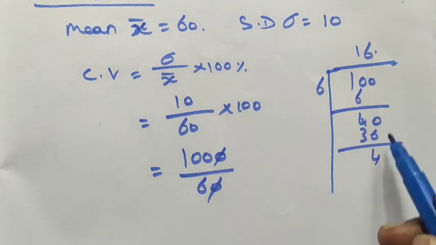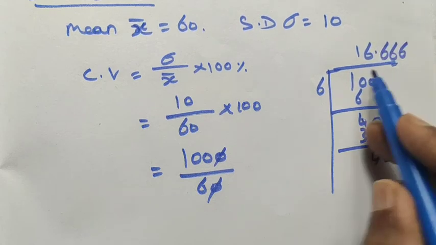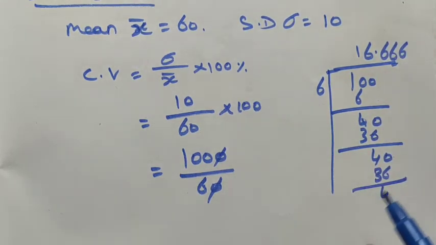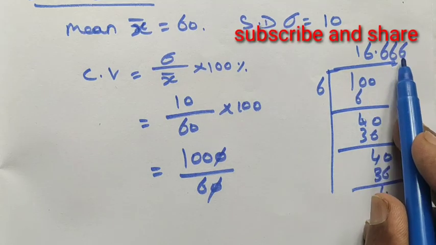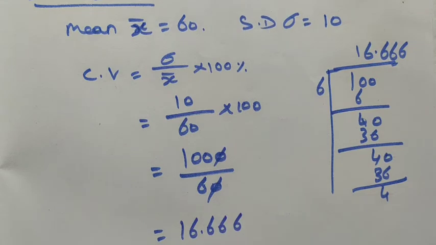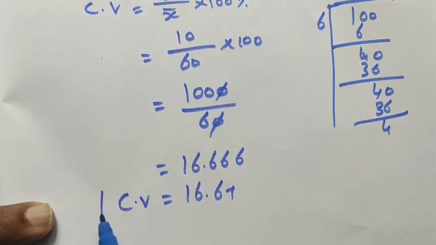And then we put point and add 0. Again 40 means we get 6 6 6 something. Again we get 36, again we have 4 and then 40. So we get 16.6666 like this. So 16.666 can be written in the form of 16.67 as the coefficient of variation of social science.